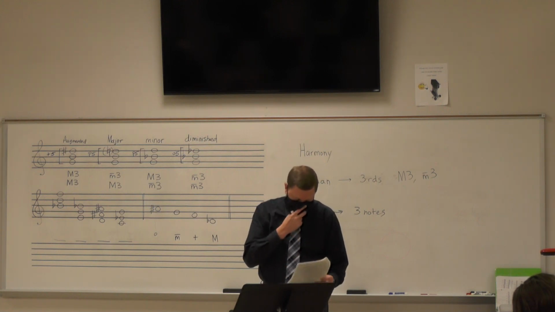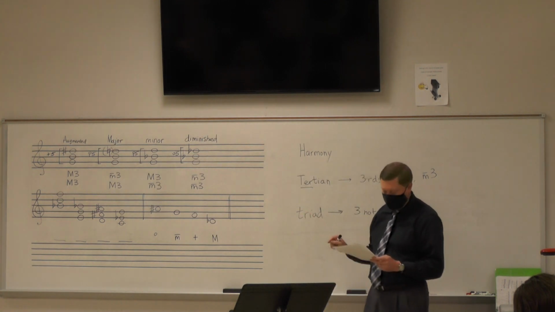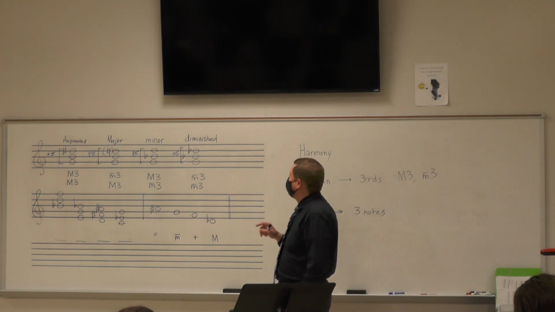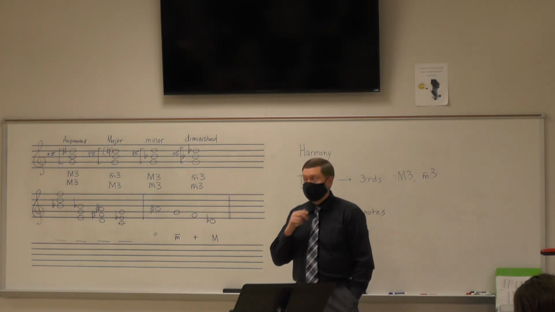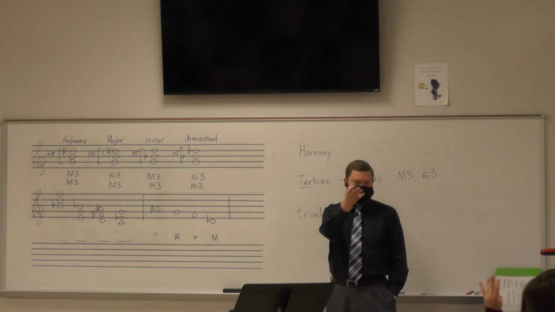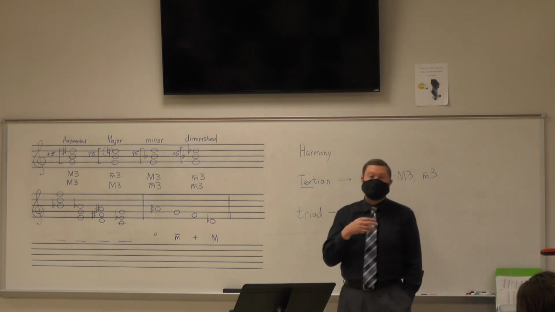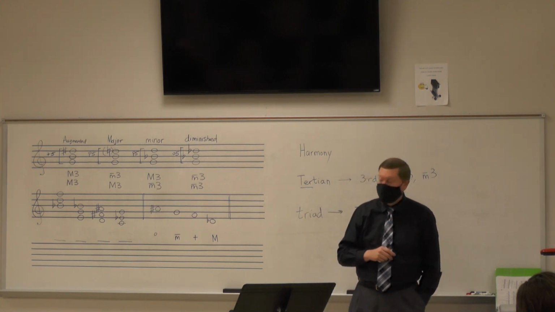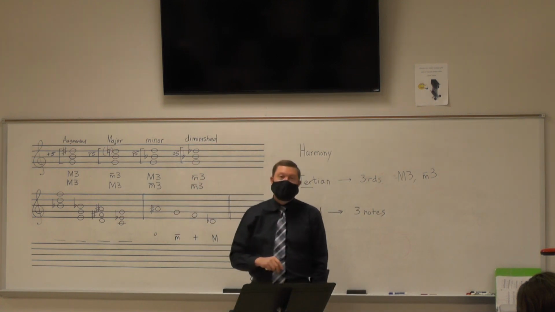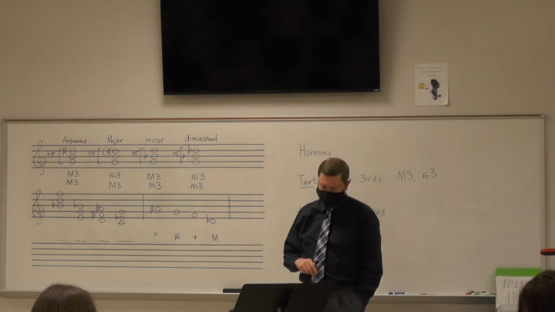Okay. Now, in the style of music we're studying, guess which two types of triads are encountered most often? Which ones do you think composers use most often and you hear most often? Major and minor. That's right, the major and minor triads are seen much more frequently than the other types. But one of these four is hardly ever used, hardly ever heard, and hardly ever seen in this style of music.